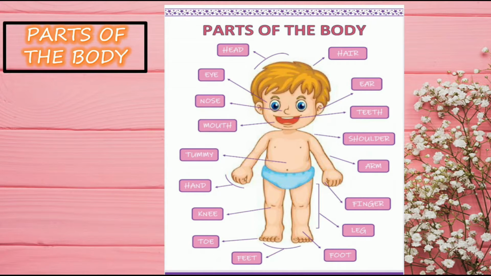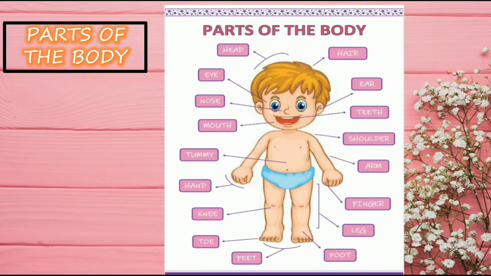Parts of the body. There are many parts in our body. Now we are going to see what they are. First comes the head. After that, hair. Next comes eyes. We have two eyes and one nose. We have two ears and one mouth. The teeth are present inside the mouth.